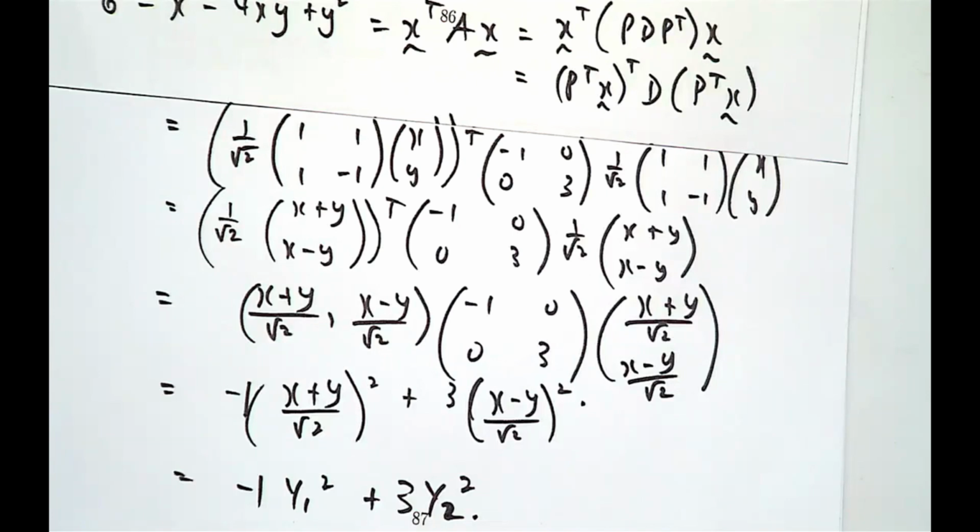It's a hyperbola, and the principal axes of that hyperbola will be the y1, y2 axes. Yeah? So it'll actually look, in the new setting, like this. Just put it up on my computer. Boom.